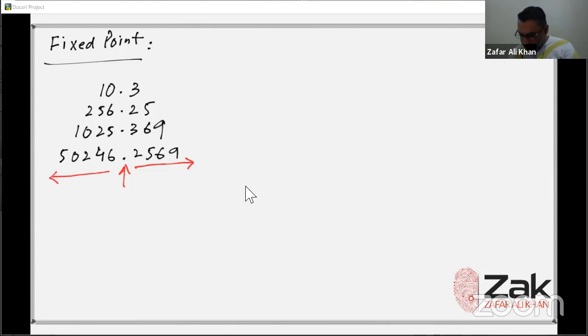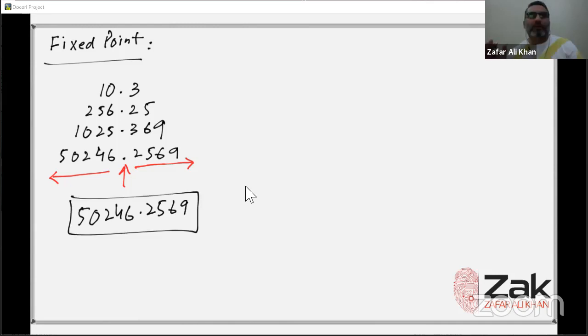Now if we take a single number at a time, let's say 50,246, we have no idea where the point would be. So we cannot predict the decimal place in a number. So this is a fixed point number.